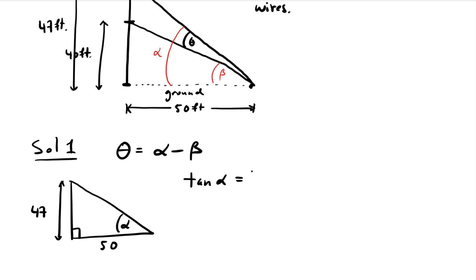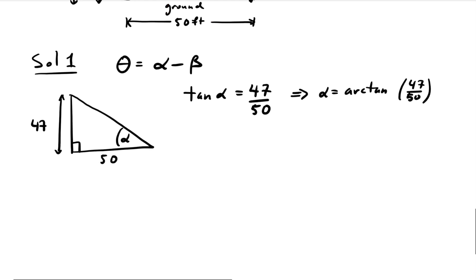So tangent of alpha is 47 over 50, which implies that alpha is the arctan, or the inverse tangent function of this number. And I've set my calculators in degrees. Well, actually, I didn't calculate this exactly. I just kept it like that, and I'm going to calculate everything in the end altogether.